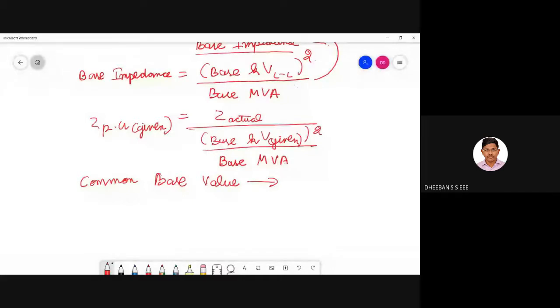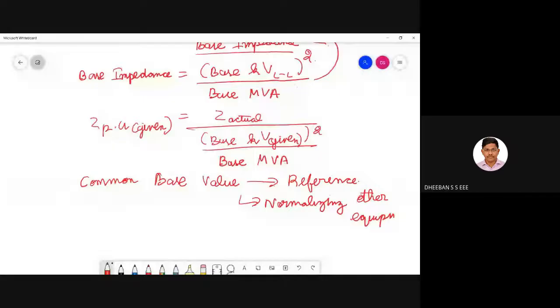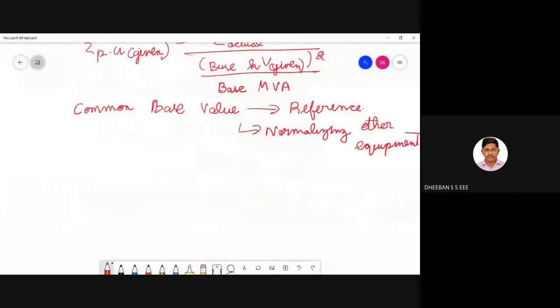So upon this common base value you will be normalizing all the other equipments. For this, what happens if you are normalizing in such a condition?